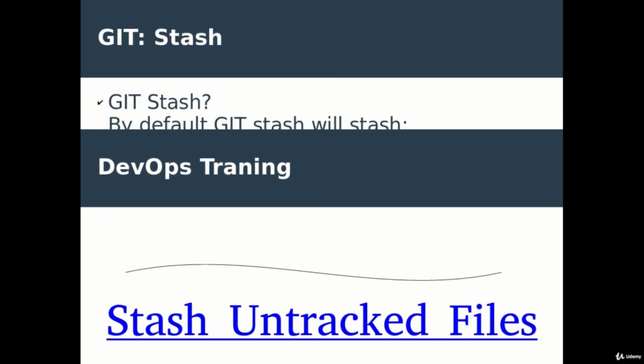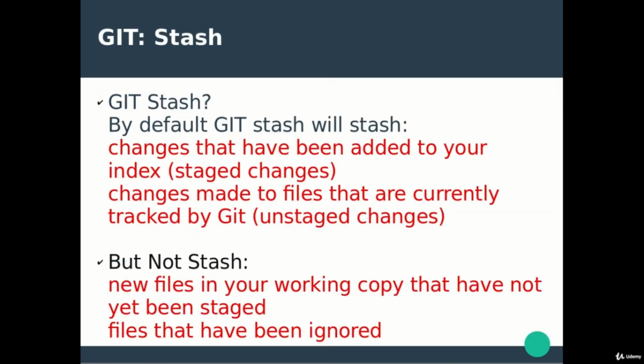So let's go through some basic definitions of Git stash. When we execute git stash, by default it will do the following things. It stashes changes that have been added to your index, meaning the changes in the staged area. We have already discussed the Git staged area and unstaged area.